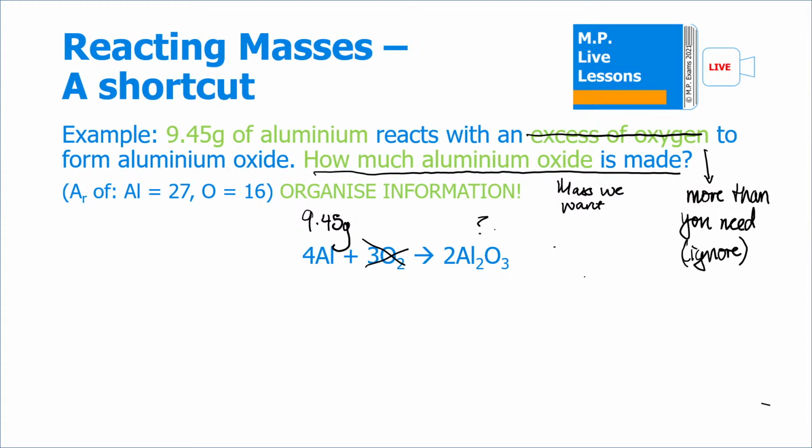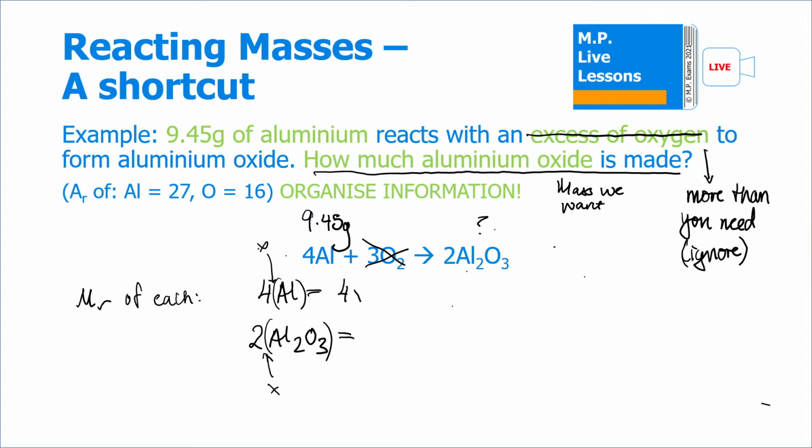We put a question mark here. Now we need to find the MRs of each. So we have 4Al. And it helps probably to put brackets around the whole compound. If we don't have anything between the brackets, we're just multiplying. So we have 4 times the AR of aluminium, which is 27.